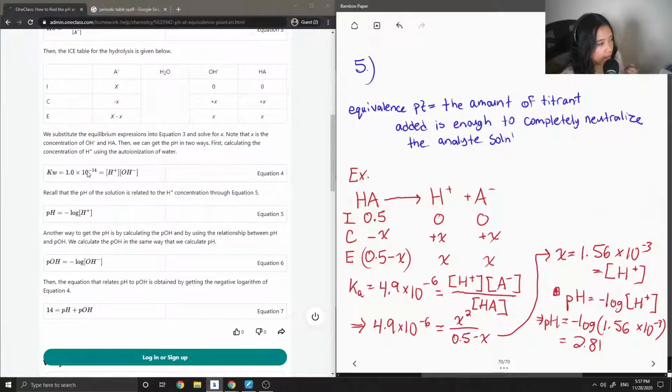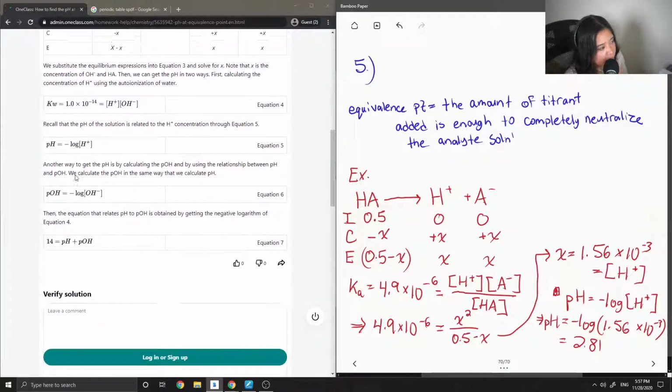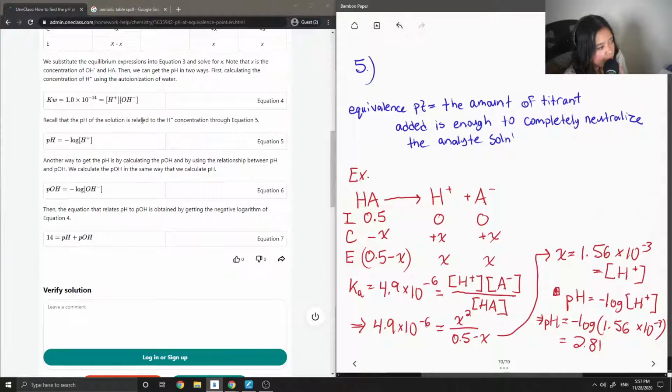So this is another equation where Kw is equal to the concentration of H+ times the concentration of OH-. And Kw has a value of 1 times 10 to the negative 14. Recall that the pH of solution is related to the H+ concentration through equation 5. So pH is equal to negative log of H+. Another way to get the pH is by calculating the pOH and by using the relationship between pH and pOH.